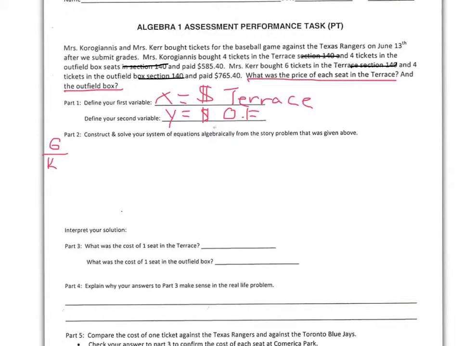So Mrs. K, she bought 4 tickets on the terrace, 4 tickets in the outfield, and it cost her $585.40.